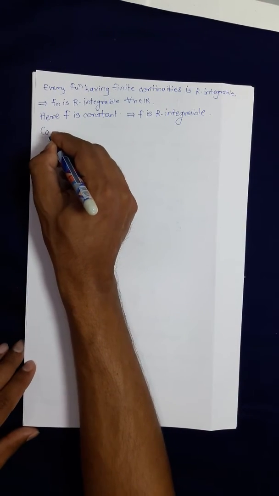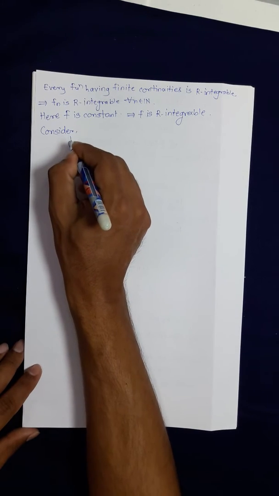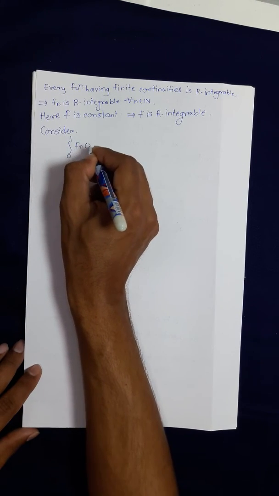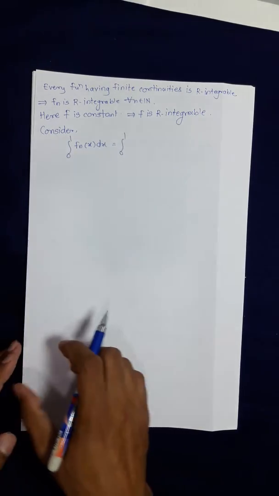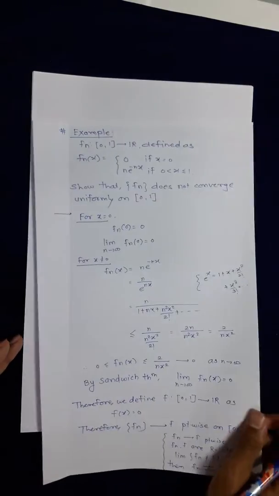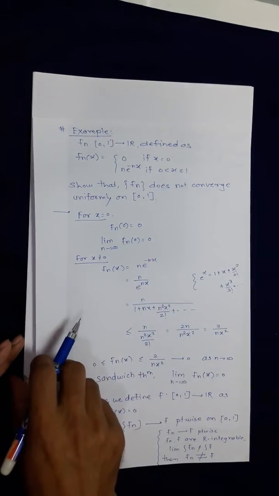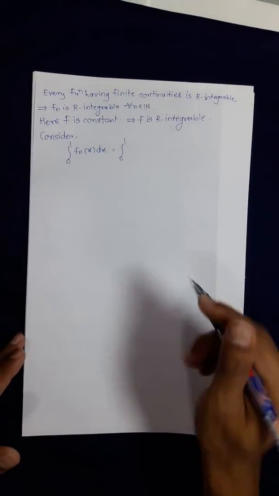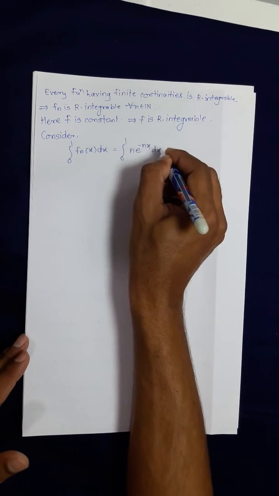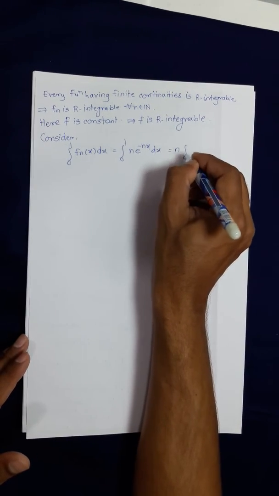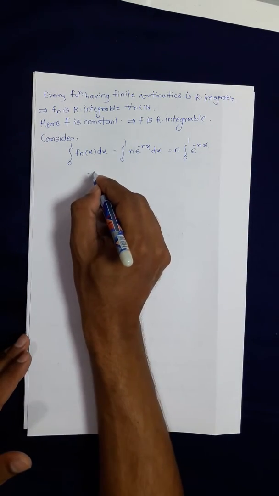So consider the integration from 0 to 1 of fn of x. What is the definition of fn? We have to consider this one: n e raised to minus nx. n is a constant, so it will come outside. What is the integration of e raised to minus nx?